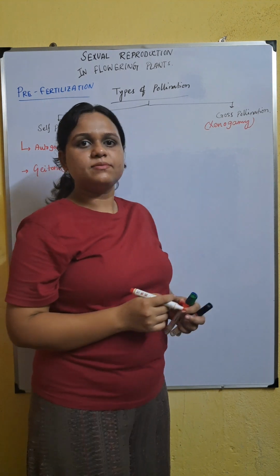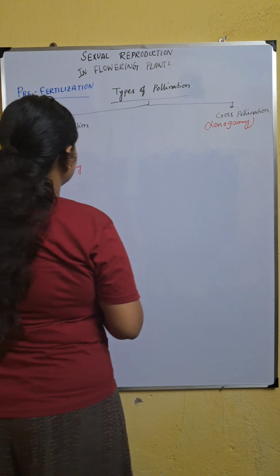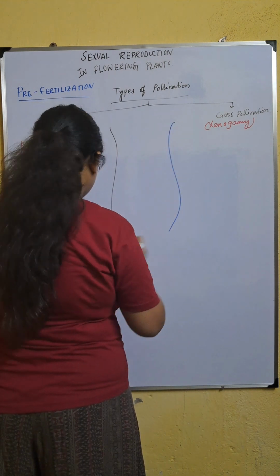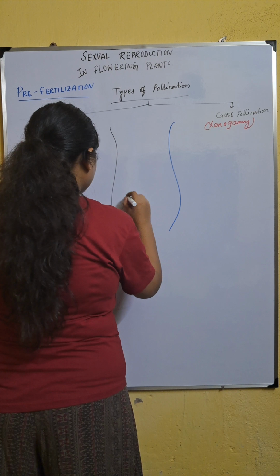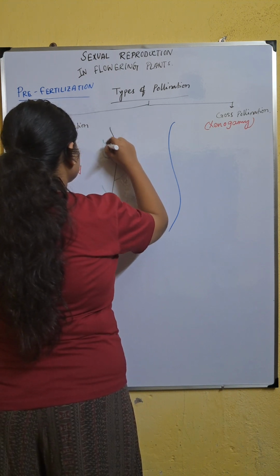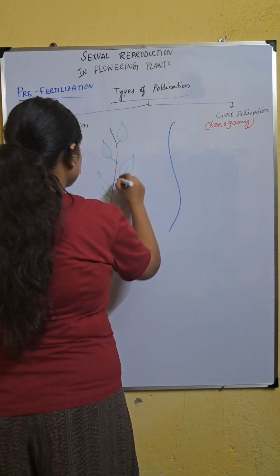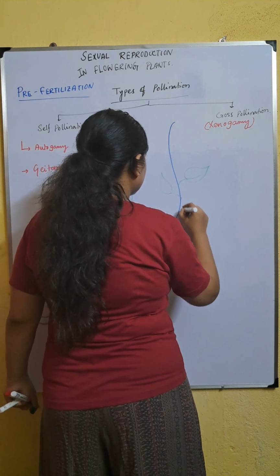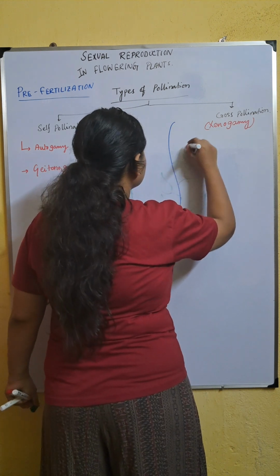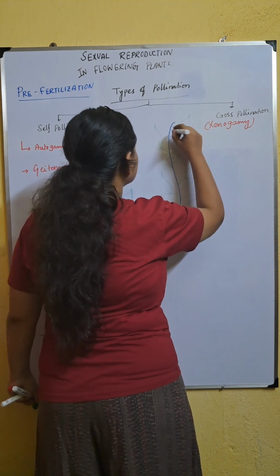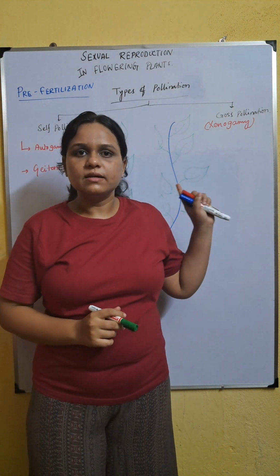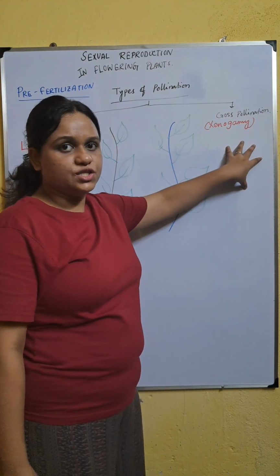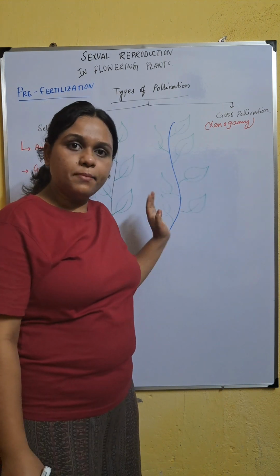Let's understand the different types of pollination with a diagram. This is the diagram of two plants of the same species, and the pollination in the cross-pollination system occurs between two plants of the same species.